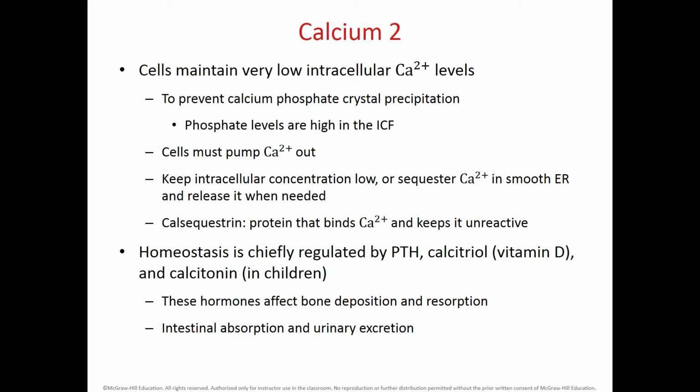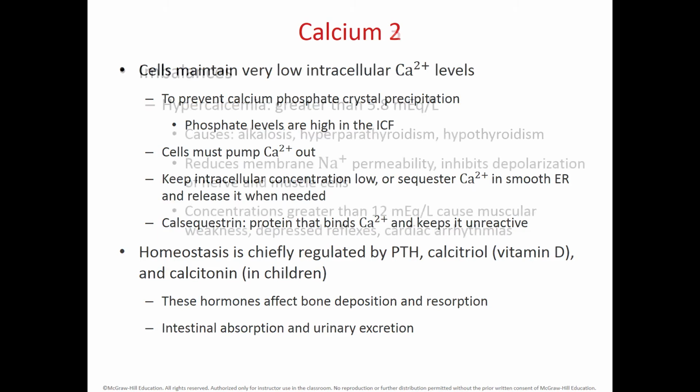Now, the homeostasis of calcium ions is maintained mainly by parathormone, the hormone released by the parathyroid gland, by vitamin D or calcitriol, and by calcitonin. These regulate the absorption and excretion of calcium. Calcium is absorbed by the intestinal cells and is excreted by the kidneys.